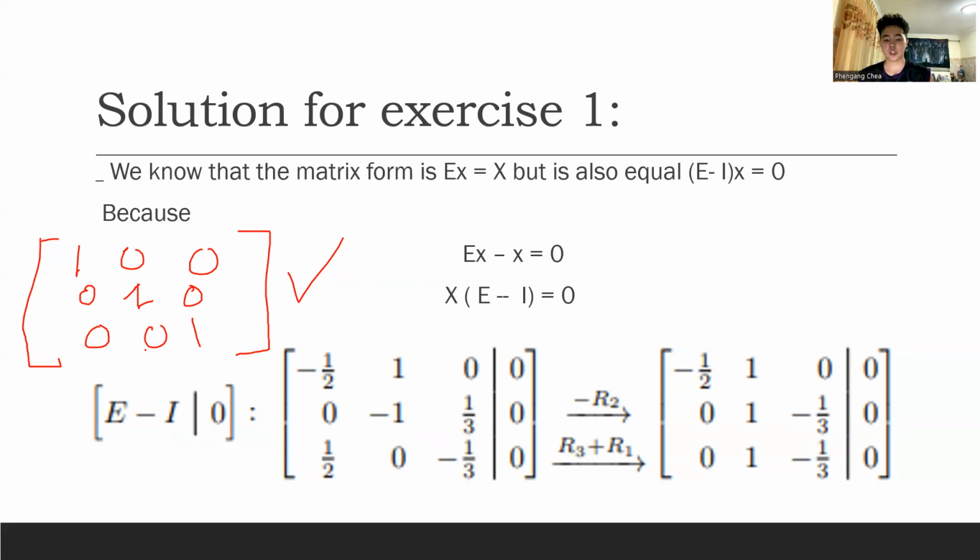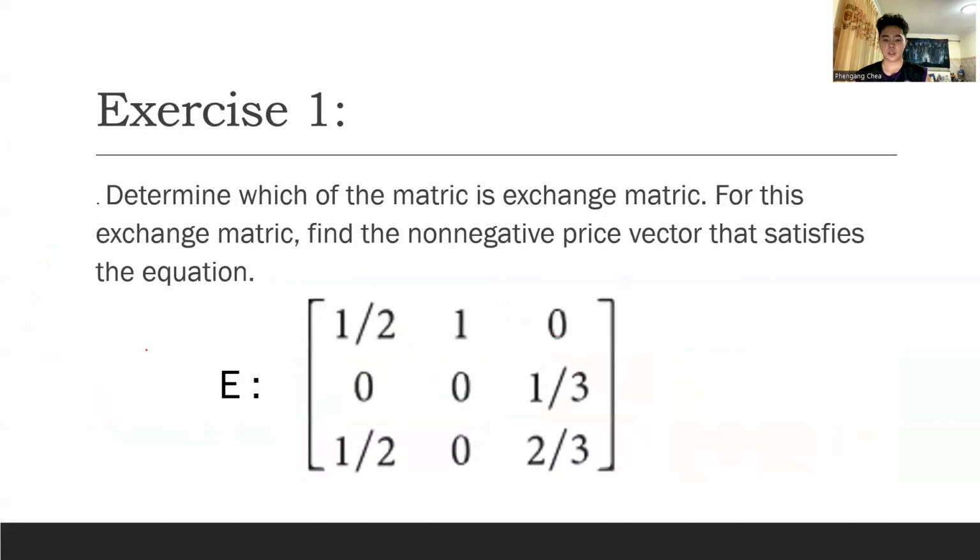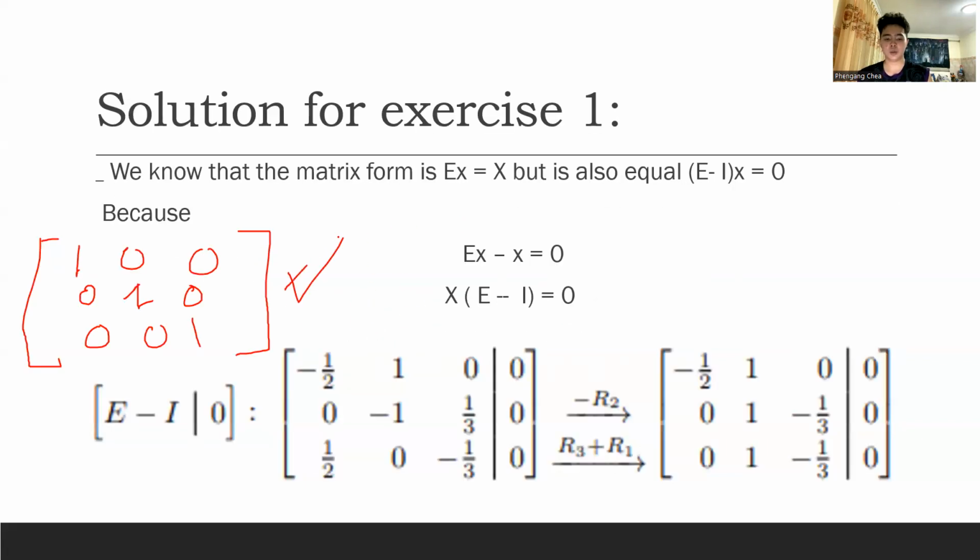Then we take the E from this exercise, all of these numbers, minus this matrix, and we have all of these numbers. Then we want this to become 0, so we need to calculate it. Row 3 plus row 1 equals 0. Row 3 equals 4 over 3, row 1 equals 0. 1 plus 0 equals 1, and 0 plus minus 1 over 3 equals minus 4 over 3.